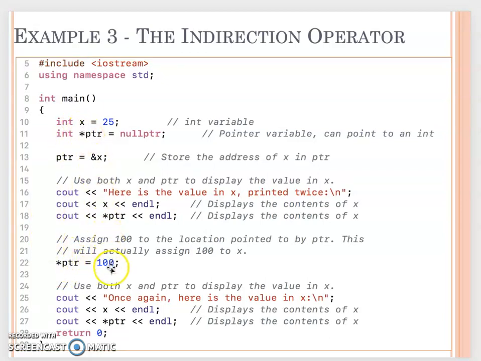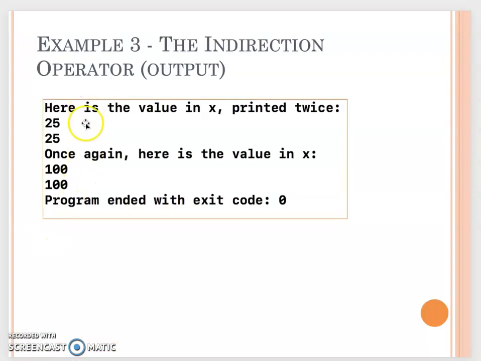Then it updates the value of x from 25 to 100. Then when we display x again, you will see it becomes 100. And using the reference pointer, you will display that it is still 100. Of course, the sample output will show you.